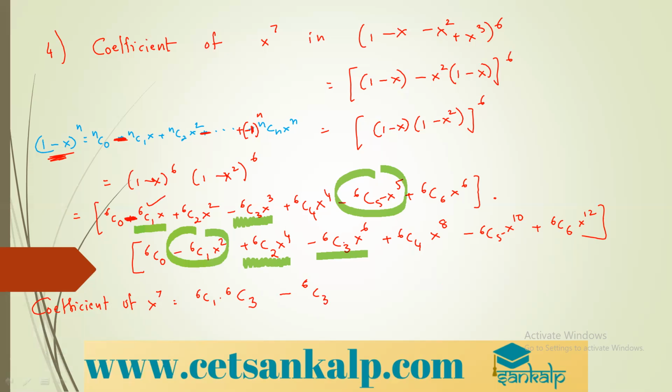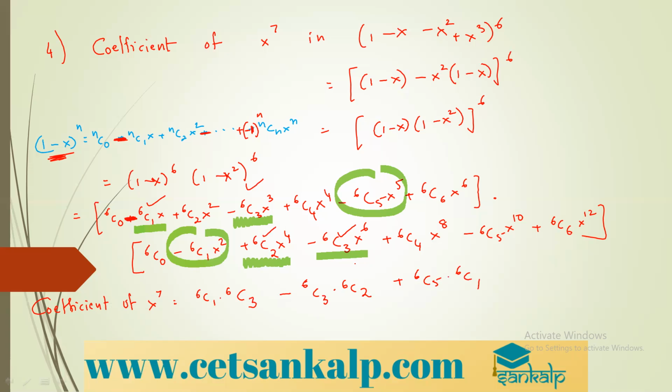First I have multiplied these two, it became plus. Now I am multiplying these two, it will have minus: minus 6C3 into 6C2. Lastly, plus 6C5 into 6C1. These are the coefficients of x power 7 I get.